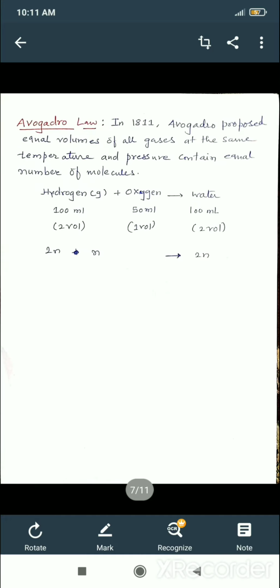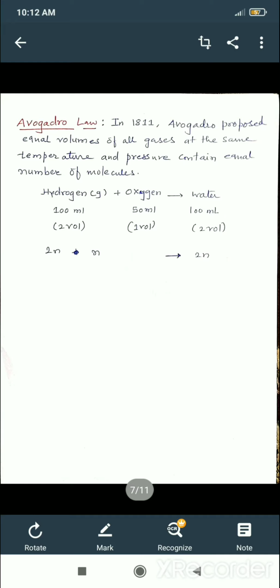Next is Avogadro's law. It was given by Avogadro in the year 1811. He proposed that equal volumes of all gases at the same temperature and pressure contain an equal number of molecules.